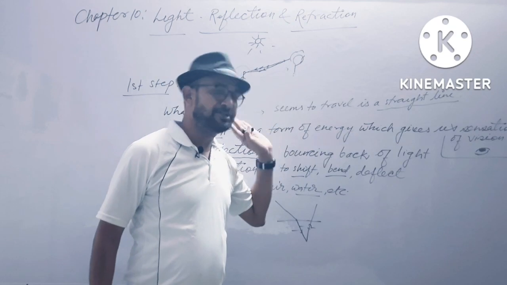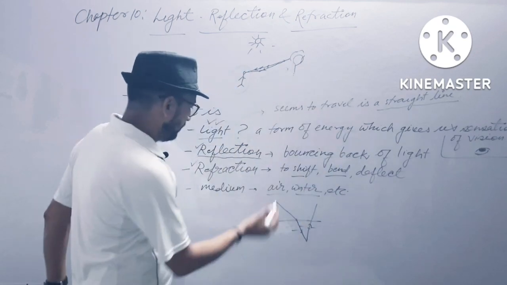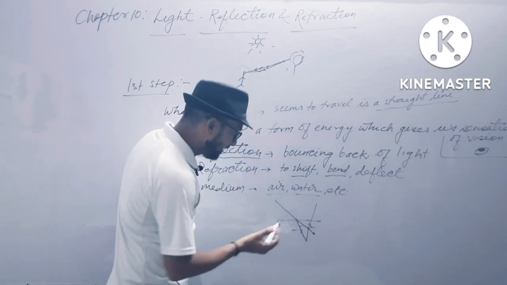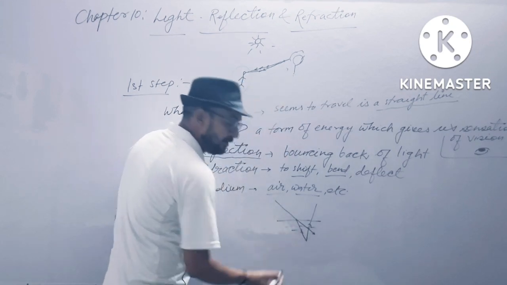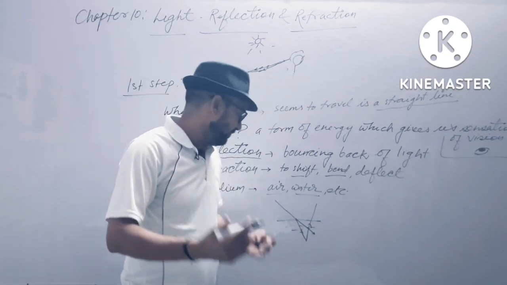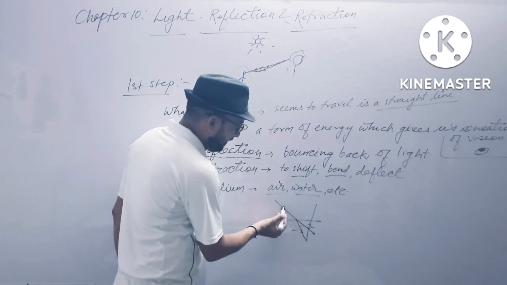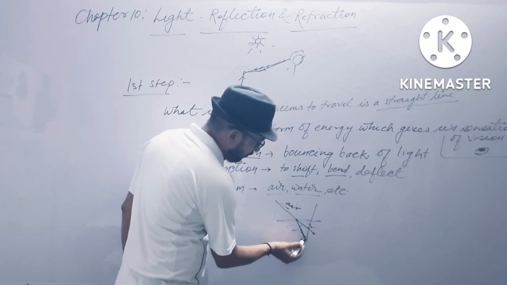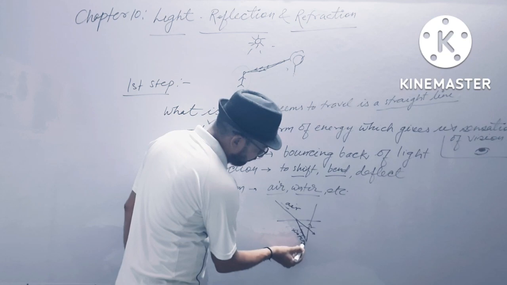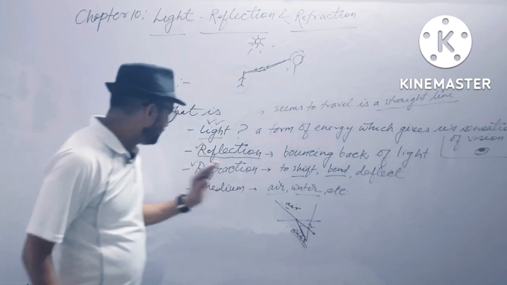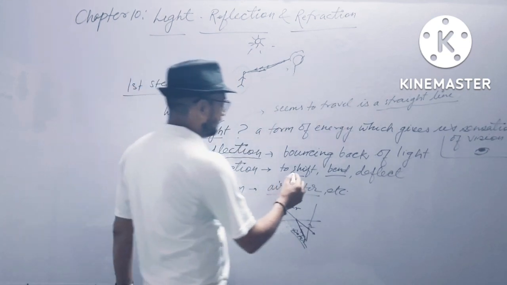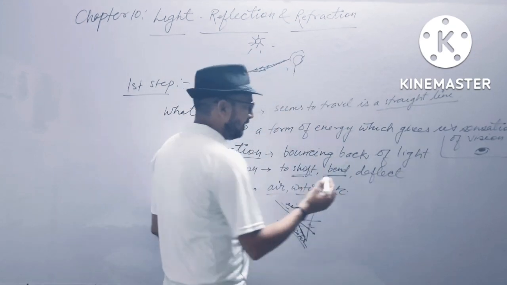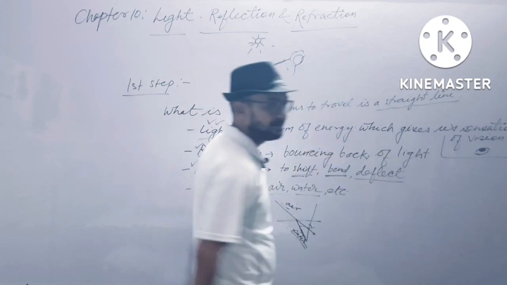Light seems to travel in a straight line. So this must be its path, but it has bent. Why? There is change of medium. Earlier it was traveling in air and now it has entered into water. This is called refraction. Shifting of light, bend in light and deflect in light.